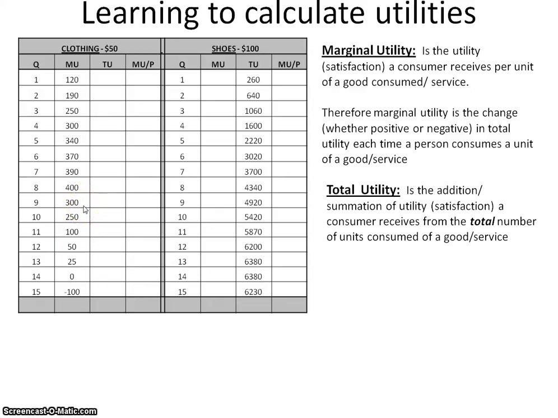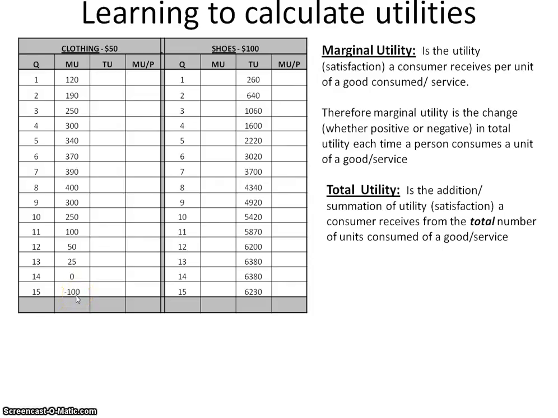And what we can say is that maybe you have reached a point whereby you're still purchasing clothing, but you're telling yourself, I'm just doing it because maybe it's my habit. I usually purchase a lot of clothing, but the satisfaction I'm getting from each new unit I purchase is getting less and less. Because we fall from 400 to 300 to 250, and we reach a point of 0 on the 14th piece of clothing that you purchase, and you reach even a negative value.